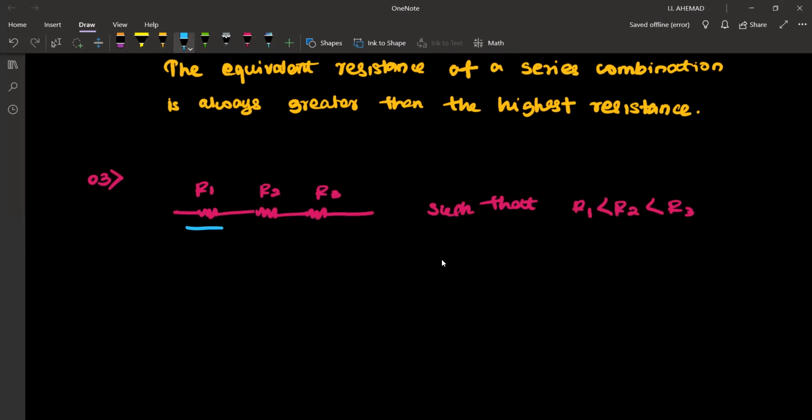Let's say the potential difference across these is V1, V2, and V3.